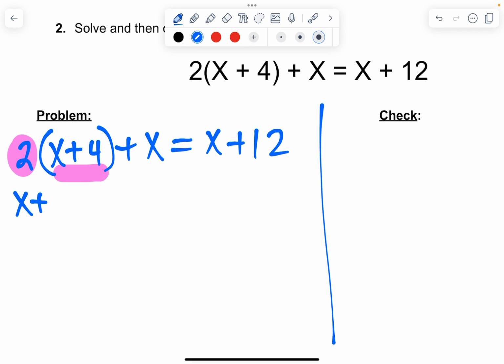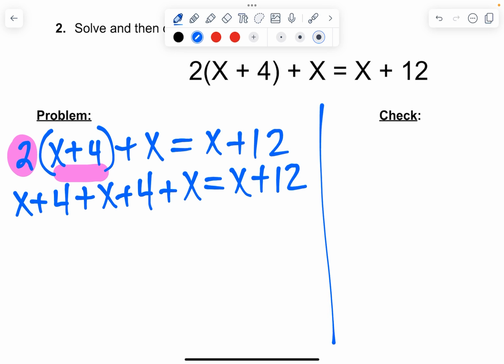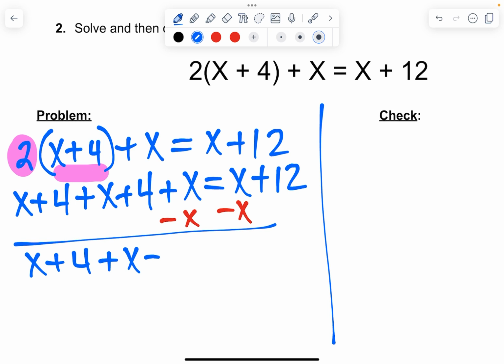So x plus 4, there's 1 package, plus x plus 4, that's the second package, plus x equals x plus 12. Okay, I can subtract an x. So I'm going to go ahead and I'm going to go minus x, draw my line. X plus 4 plus x plus 4 equals 12.